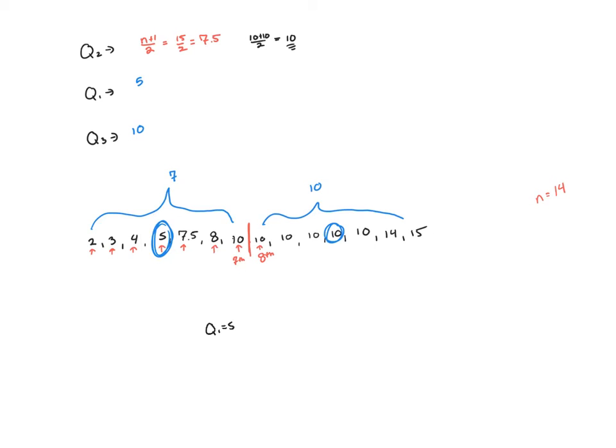Q1 was 5, Q2 was 10, Q3 was 10 as well. As a reminder, Q1 is the 25th percentile, Q2 is the 50th percentile, Q3 is the 75th percentile. That is, 25% of people said 5 or fewer hours, 50% of people were above or below 10, and 75% of people were at or below 10.